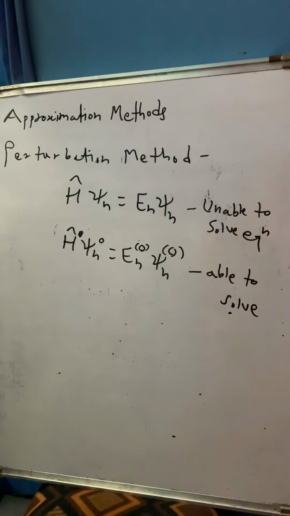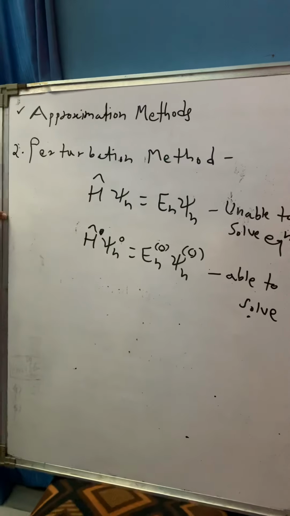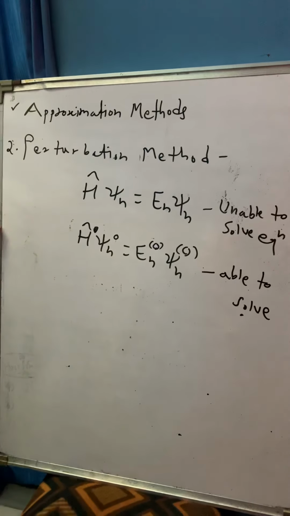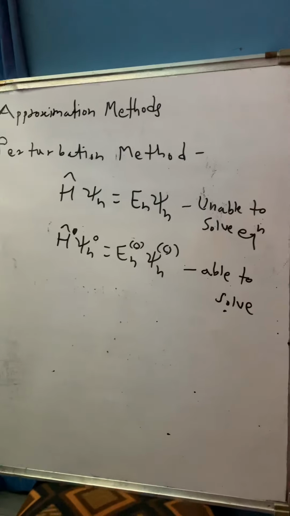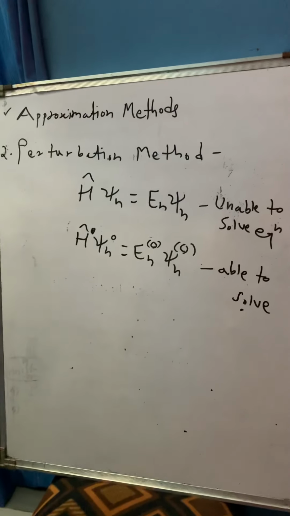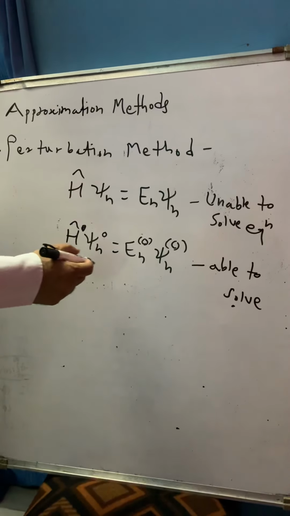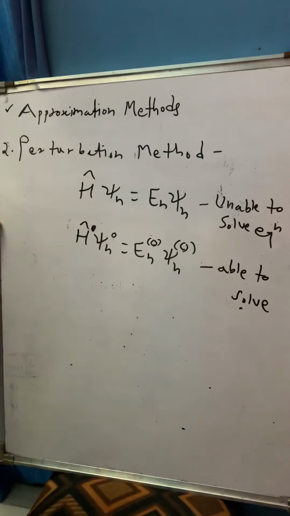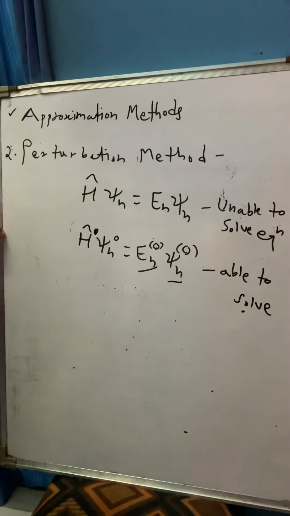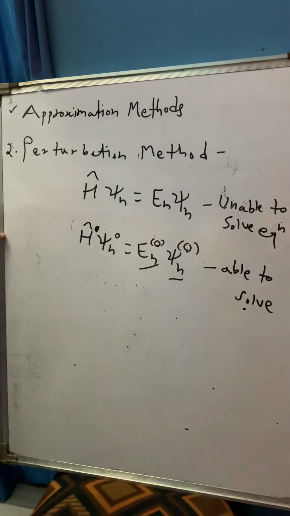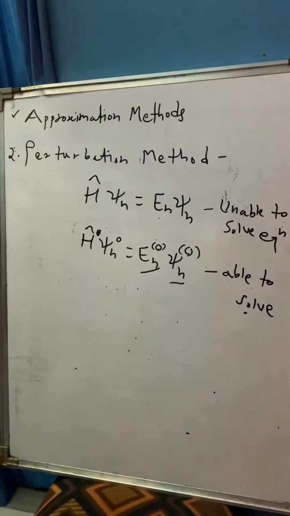In the perturbation method we have two equations: H psi n equal to En psi n, which we are unable to solve, and H0 psi n0 equal to En0 psi n0, which we are able to solve. From that we get En0 and psi n0, and we have to correlate this En0 with En and psi n0 with psi n.